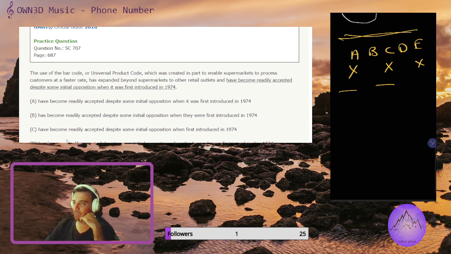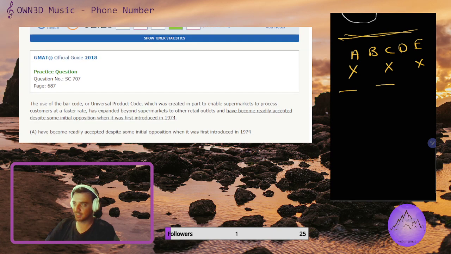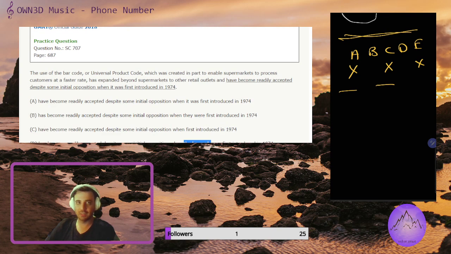Which leaves us with B and D, which are almost identical. The only difference being they, the pronoun, and the barcode, the actual noun. And yeah, if you kind of go back and read the sentence, it sort of becomes pretty clear.